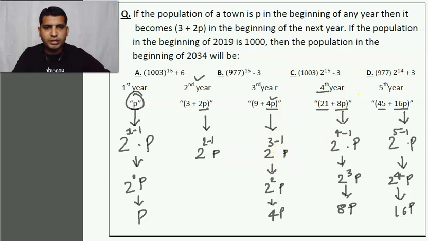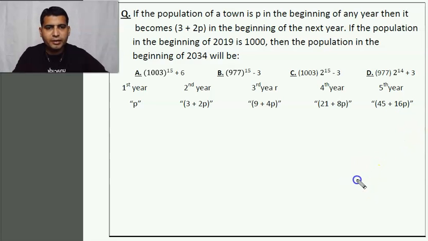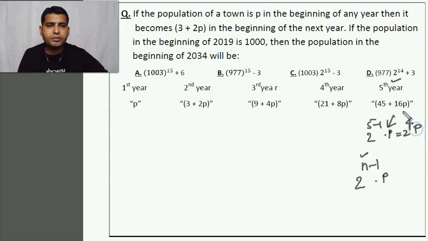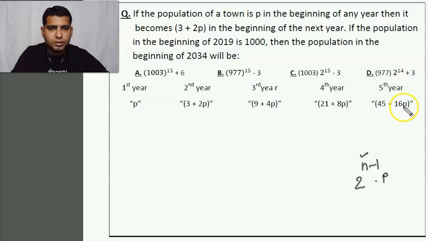The pattern I'm getting is 2 to the power n minus 1 into p, where n is the number of the year for which I am seeking the population at the beginning. Like in the fifth year I wrote 2 to the power 5 minus 1 into p, which is equal to 2 to the power 4 p, which is equal to 16p. So I have successfully found the pattern of the second term.